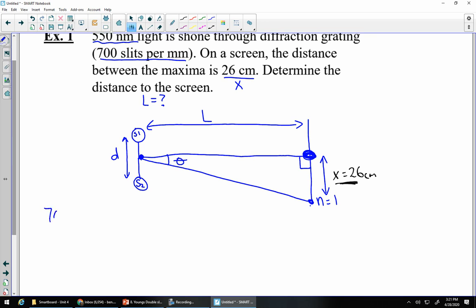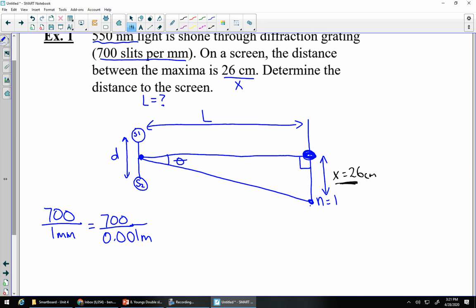So 700 openings per 1 millimeter is realistically equal to 700 openings for every 0.001 meters, right? All I did was convert millimeters to meters because I want everything in meters.